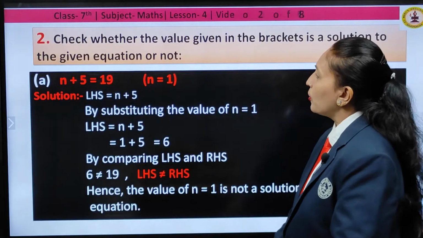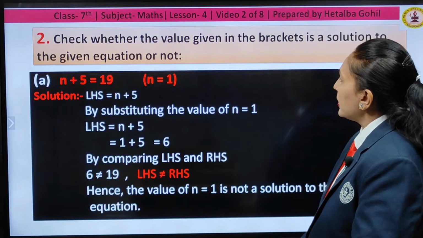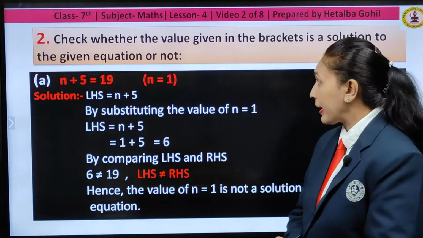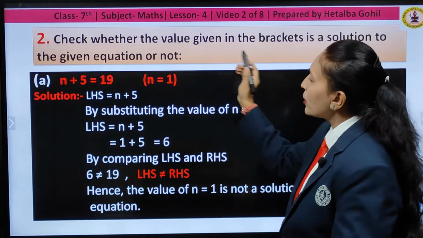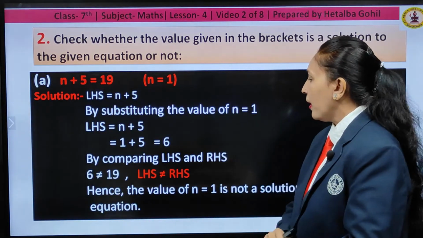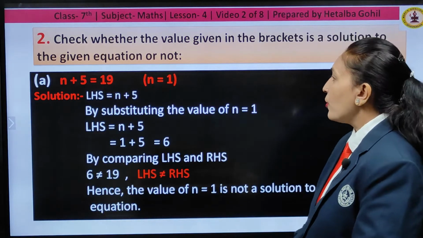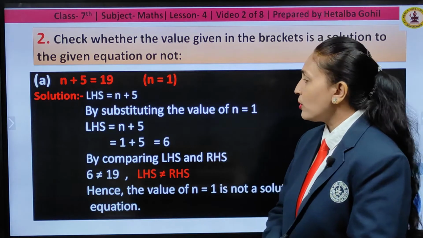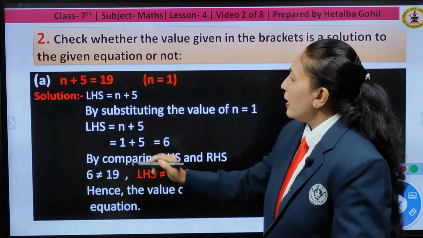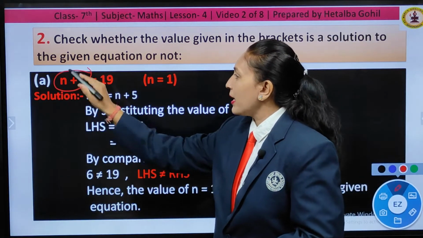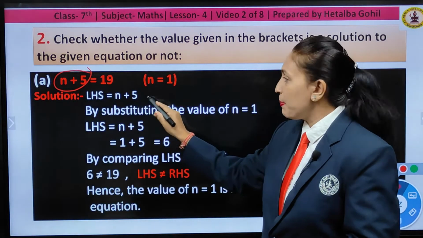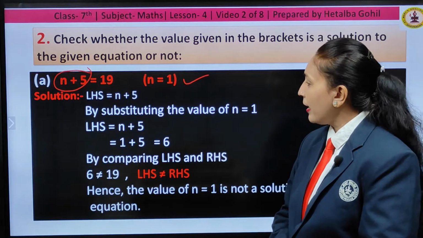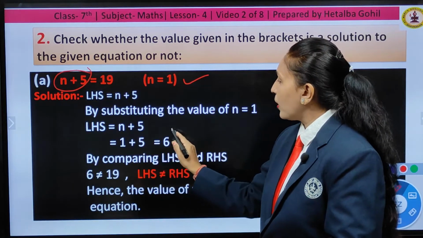Now question number 2. Check whether the value given in the brackets, that is the value of the variable, is a solution to the given equation or not. That means we have to check whether this value is the solution of the equation. Now children, the LHS is n plus 5. Putting the value of n as 1, we get 1 plus 5 equal to 6.